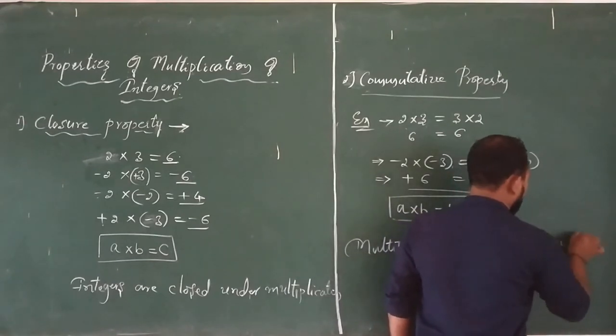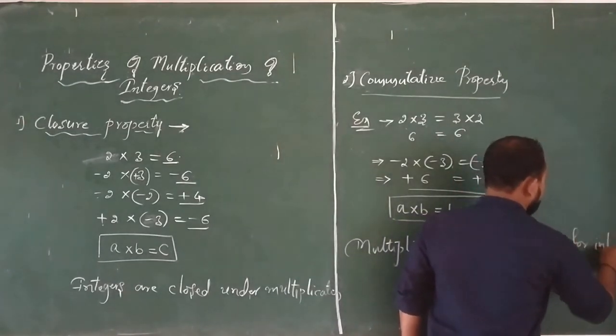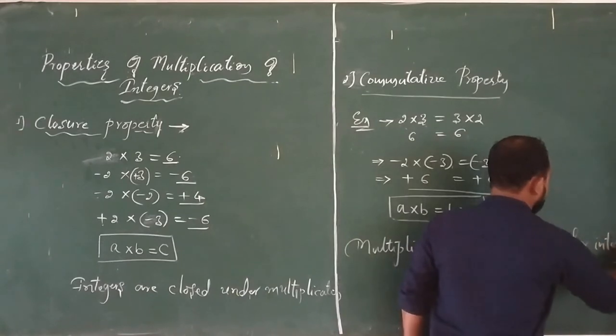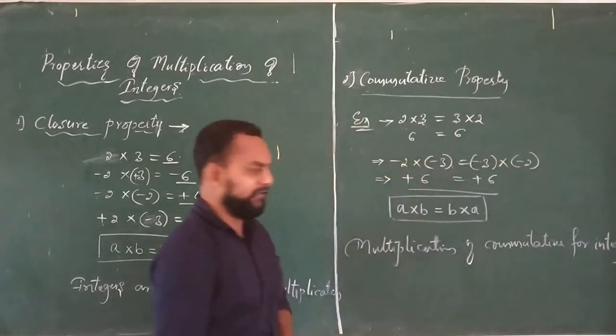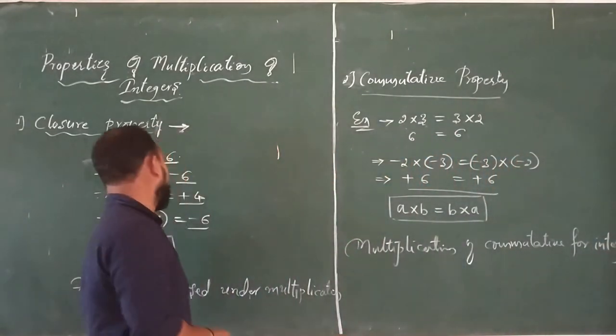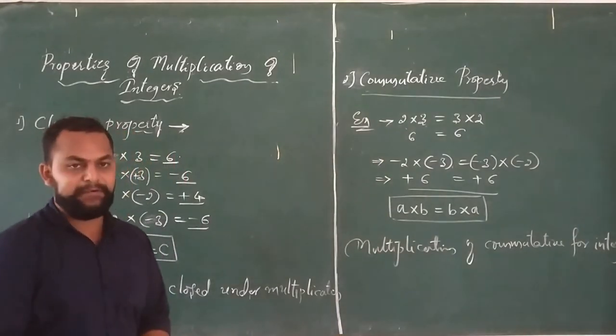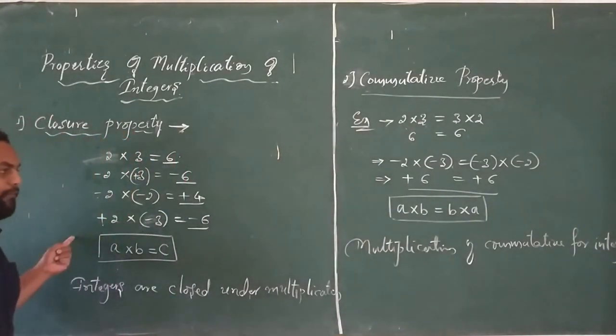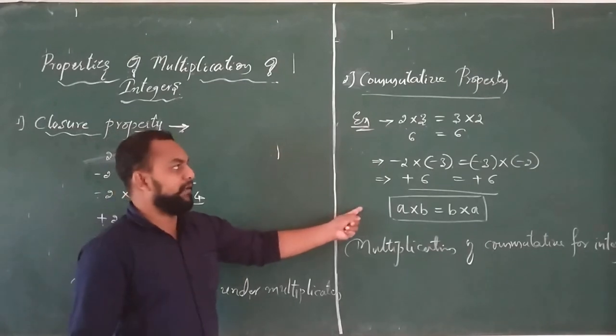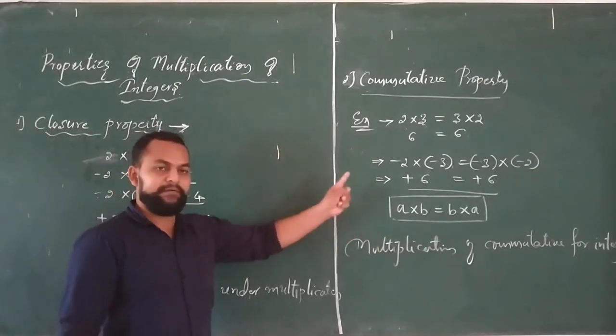The commutative property is satisfied under multiplication. This one is the closure property, and this one is the commutative property under multiplication.